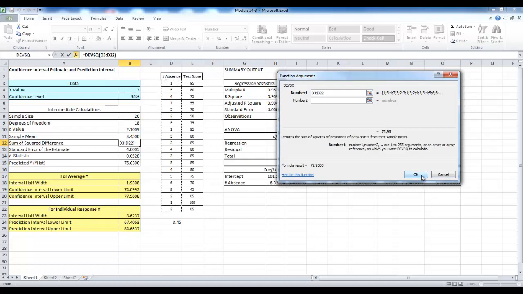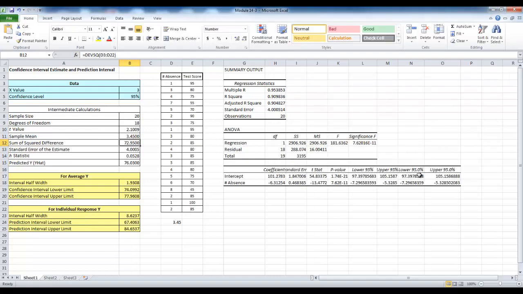It gives 72.95. So DEVSQ of D3 to D22 gives 72.95. Standard error of estimate comes from our output: standard error of estimate 4.005.